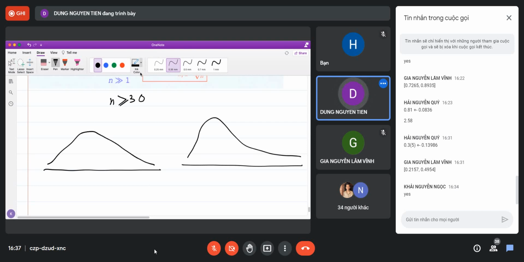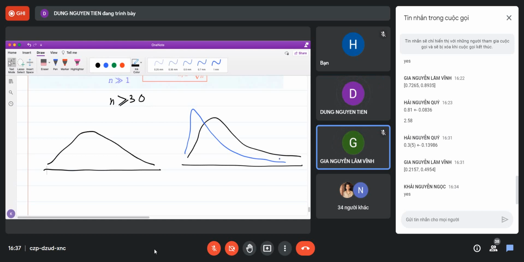And if you have something even more skewed like that, then perhaps 1,000 is required. So we don't really have a fixed number to conclude whether it is big enough or not. But for the exam, 30 is fine. Okay. Yes, thank you, sir.